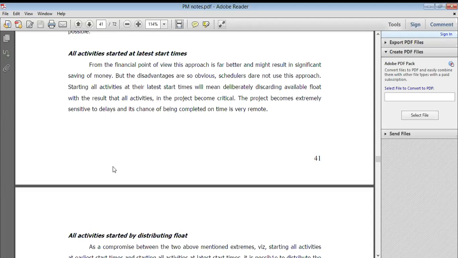Okay, so all activities started at the latest start time. And from the financial point of view, if we think about the approaches as some kind of result, some kind of profits, it depends on that particular time.